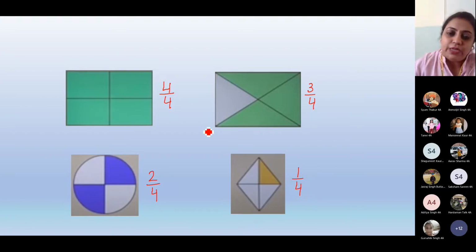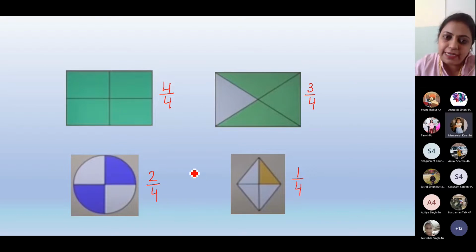Okay, so now Siona will tell me. Siona, can you see any similarity in these fractions? Siona, unmute. Mansirat, you tell me. What is the similarity?